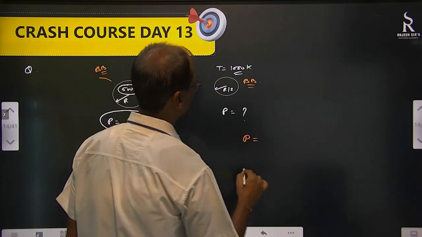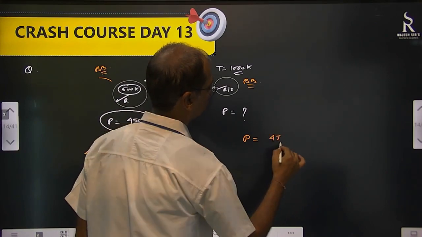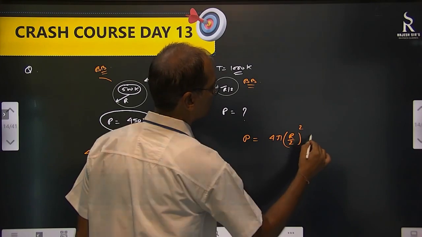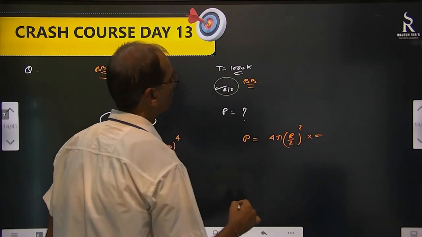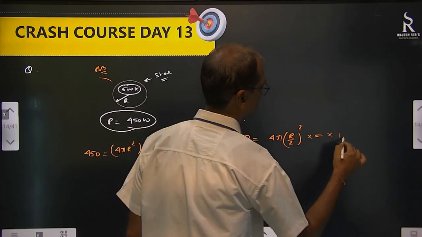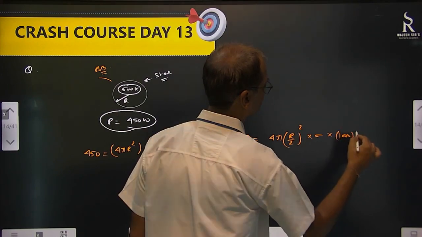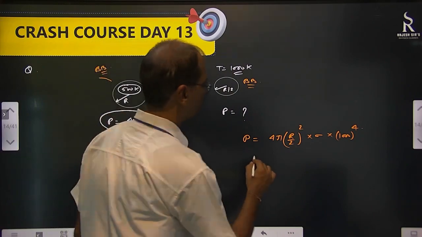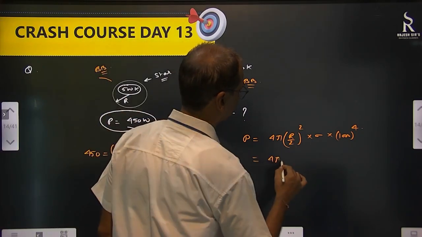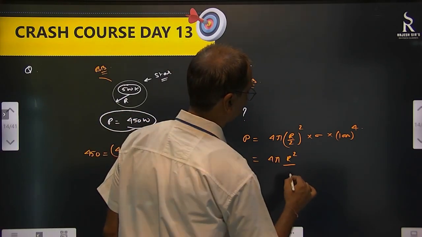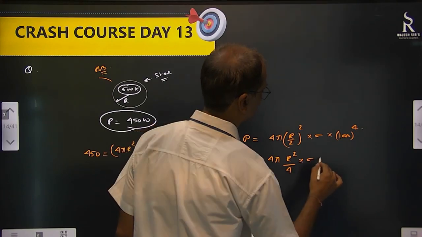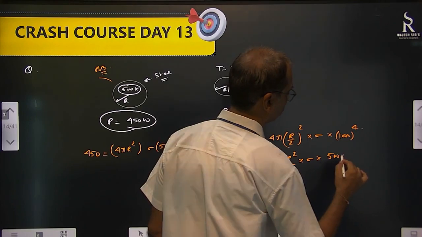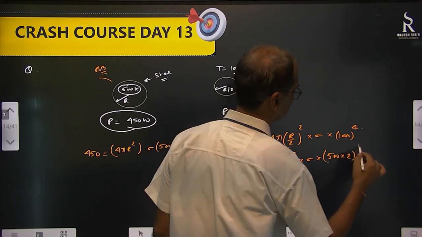P equals A, that is 4 pi (R by 2) whole square, into sigma into 1000 to the power 4. This is 4 pi R square by 4 into sigma into, now here it was 500 Kelvin, so we can write this as 500 into 2 to the power 4.